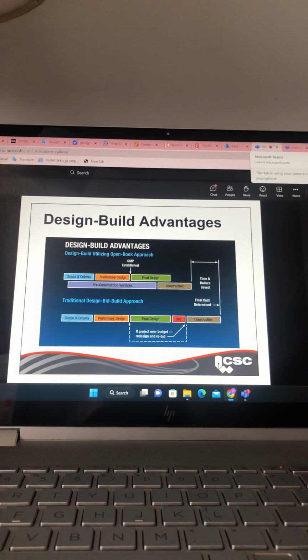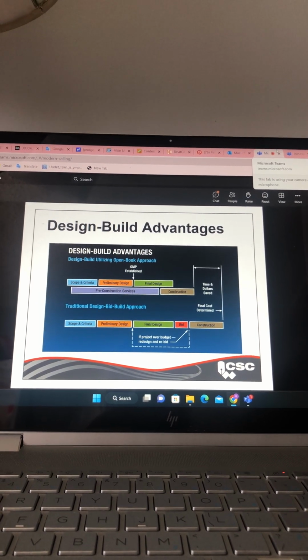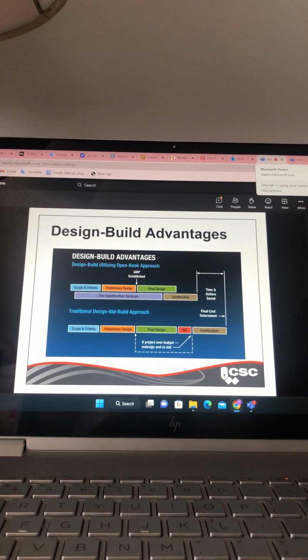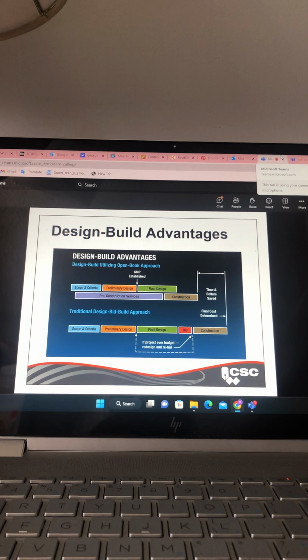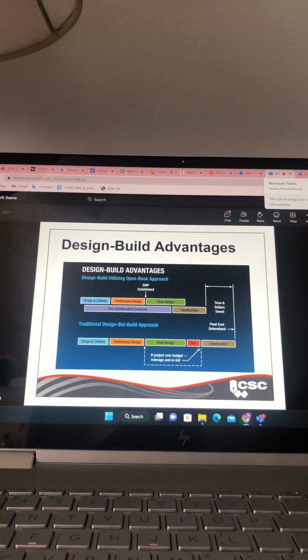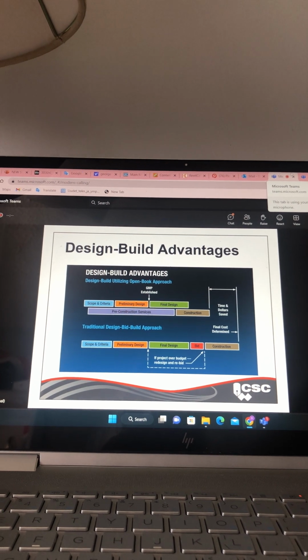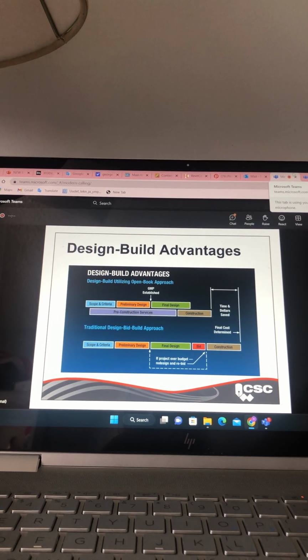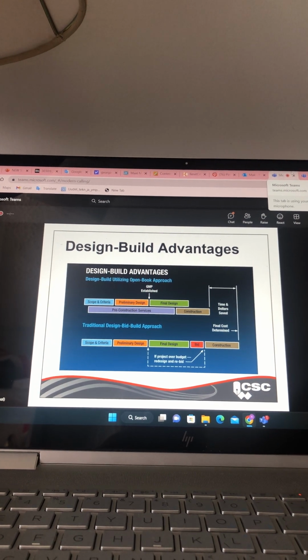Okay. So now when you compare design build versus the traditional design bid build, you will realize that with design build, there's an opportunity to save time and money. Judging by the chart on the screen, you'll notice that there's this gap here, which is the savings of time and money.